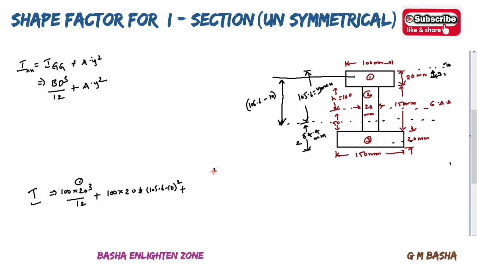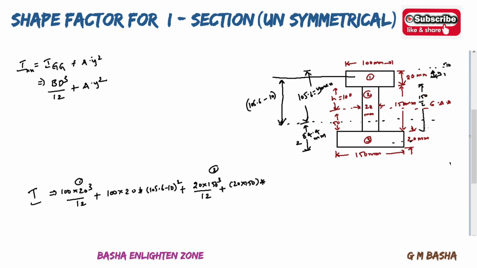The second section will be 20 into 150 cube by 12 plus what about its area? 20 into 150 only. And again what is y bar? Y bar is again taken by its distance by 2, means in this overall 150 distance, 150 by 2, you will get 75.